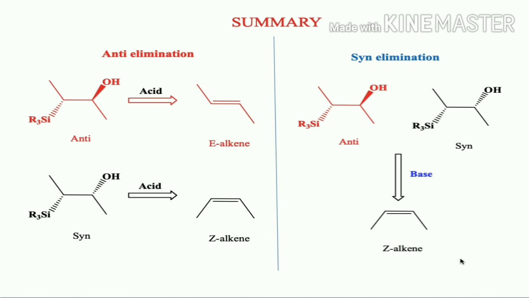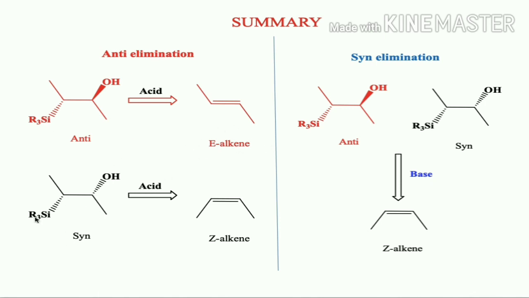So let me summarize the Peterson olefination reaction. Anti-elimination takes place in the presence of acid as catalyst. If you are using acid as catalyst, you need to check the starting material stereochemistry or geometry. If the groups are anti, then you are going to get E-alkene.